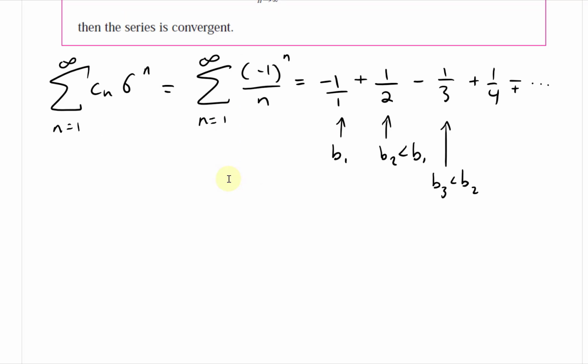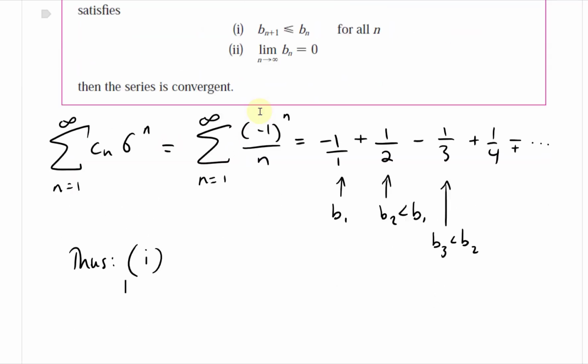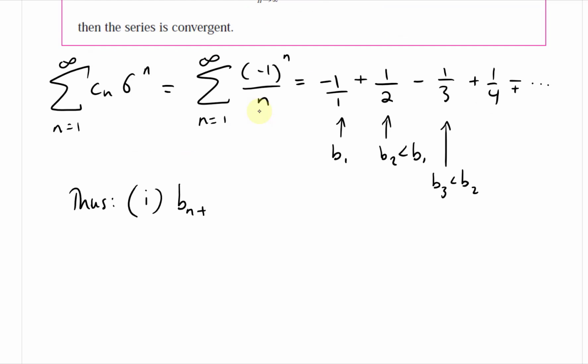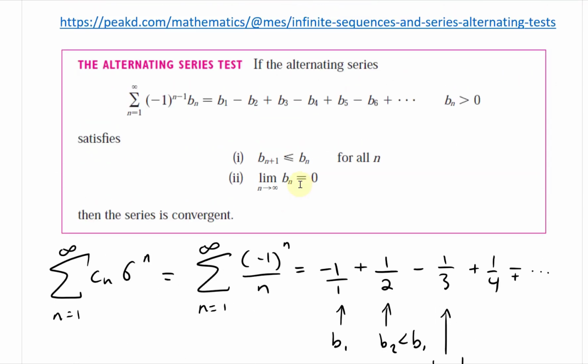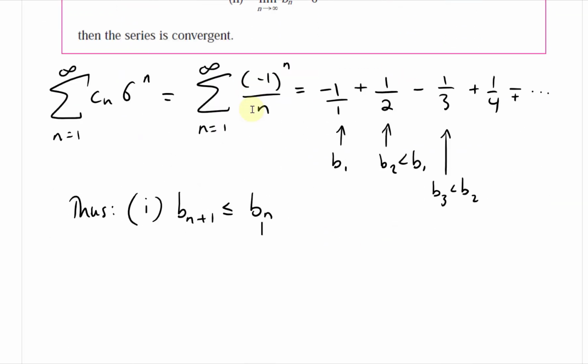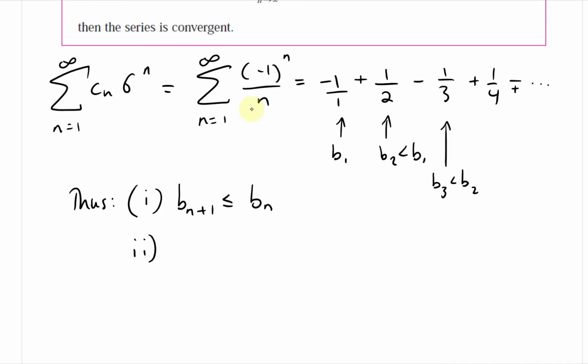Thus, by the alternating series test, we have this part right here: b(n+1) is less than or equal to bn. So each one of these bn's is getting smaller and smaller, and that's the alternating setup. The bn there ignores the signs. And then the next one is the limit as n approaches infinity of bn.